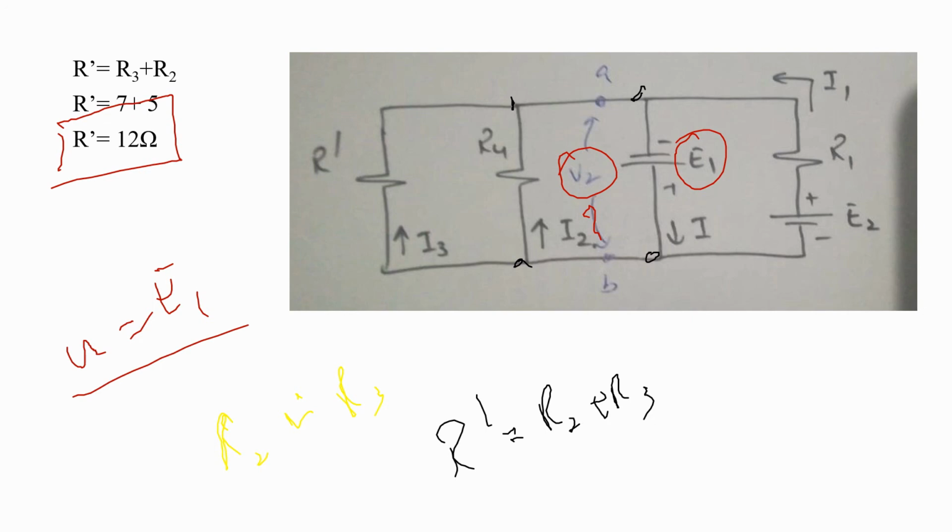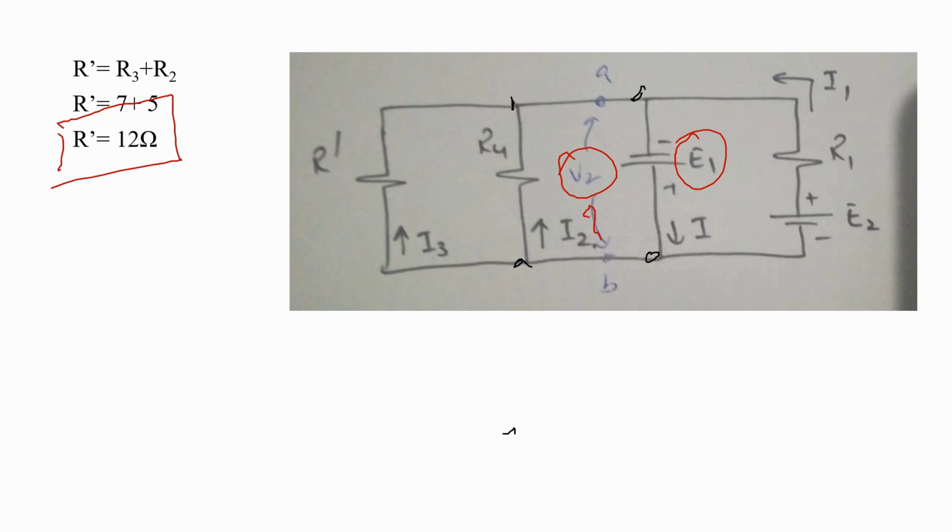But the polarities of E1 applied force is opposite. So we can say that the value of V2 is equal to minus E1. When we substitute the value of E1, we can see that it is equal to minus 6 volt.